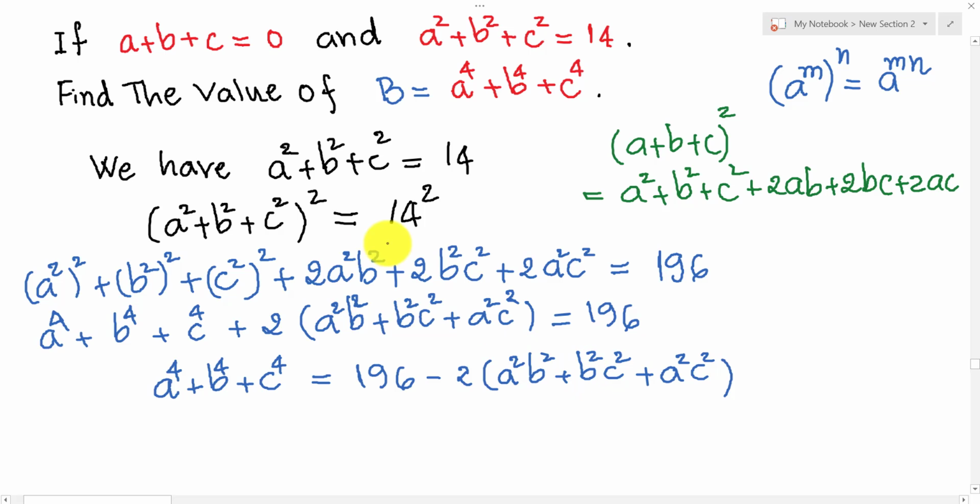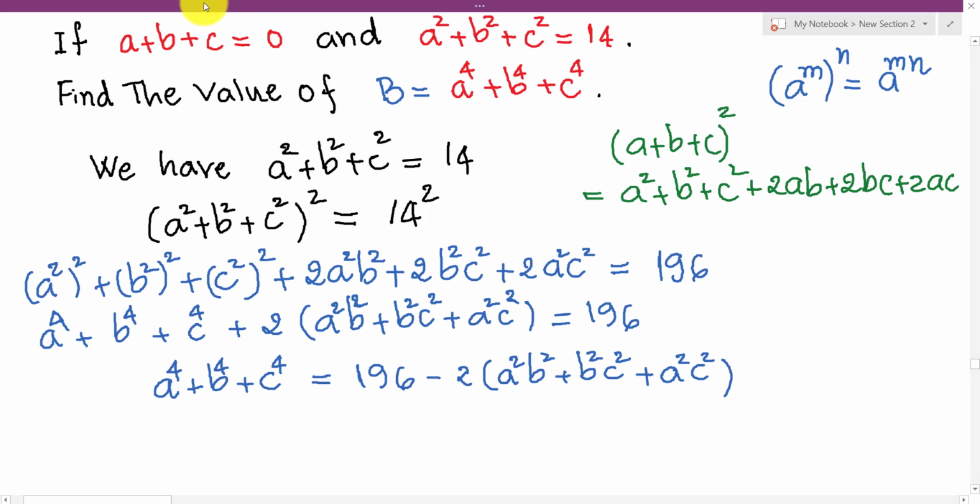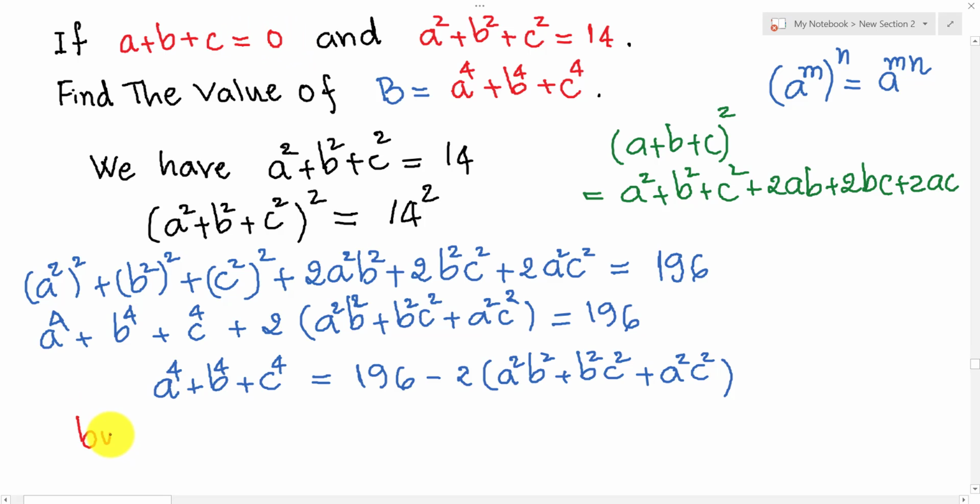Now I use a plus b plus c equals 0. I raise both sides to the square. So I get (a plus b plus c) all squared equals 0.